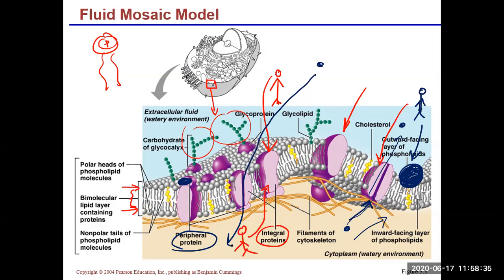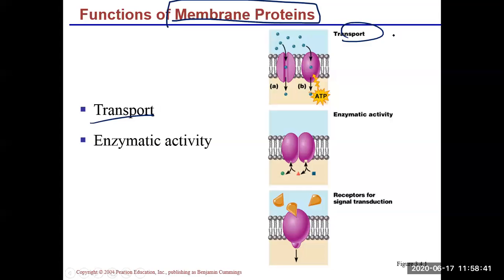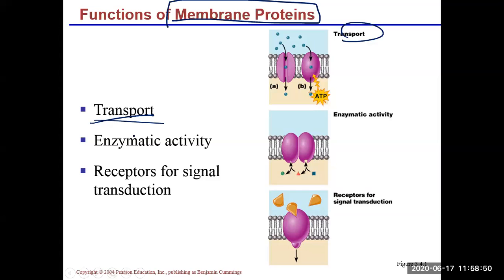They are there for a transport mechanism. They can transport things, sometimes using energy, sometimes without using energy. So their job is transportation of substances, either bringing them inside of the cell or taking things outside of the cell.